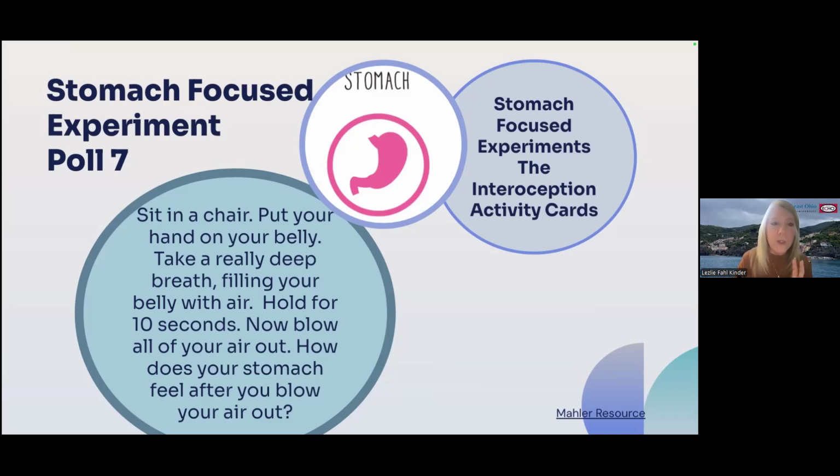So the next one is poll 7. We're going to notice or tune into our own body state of our stomach. And the first one is, if you're not sitting, sit in a chair and put your hand on your abdomen. Take a really deep breath in, filling your belly with air, and hold it for 10 seconds.